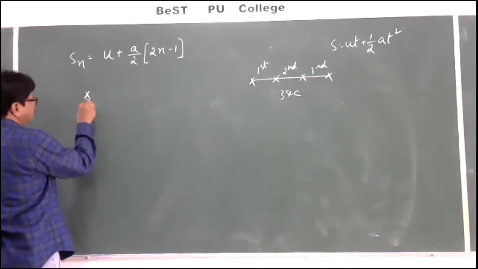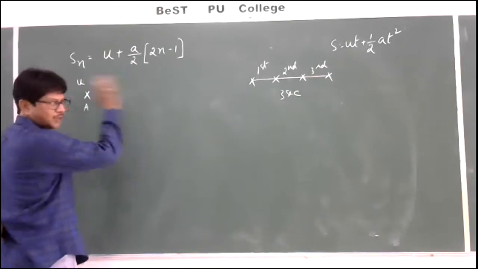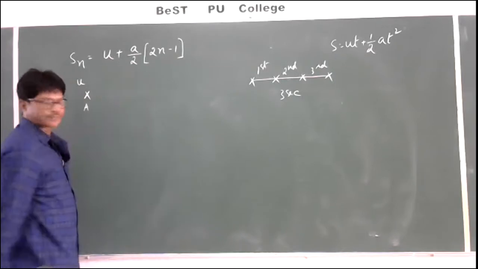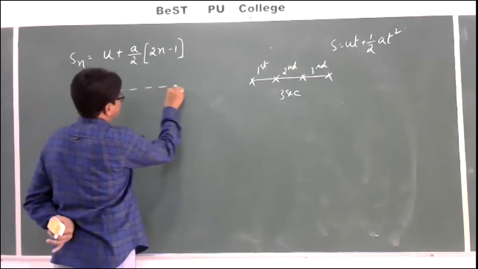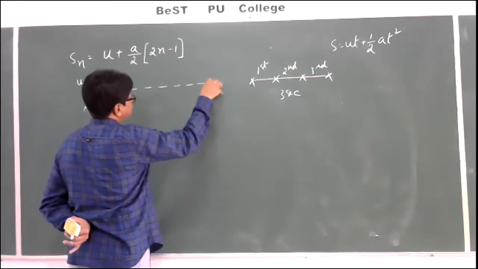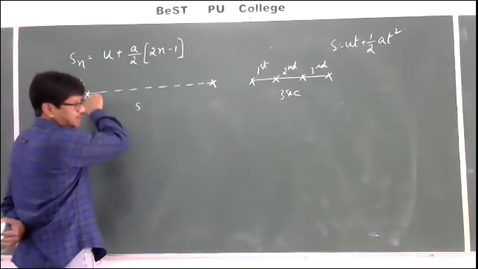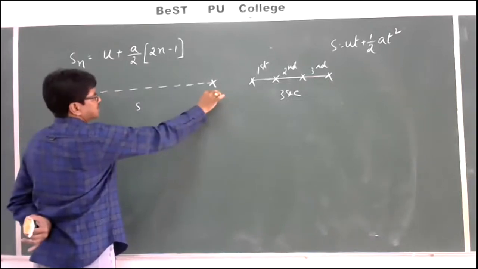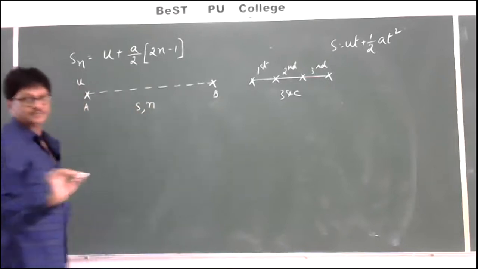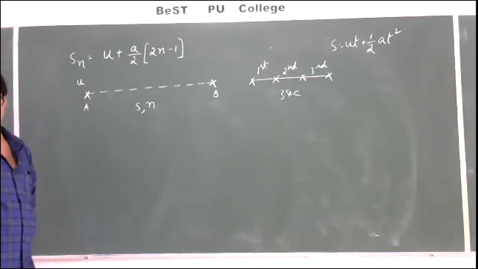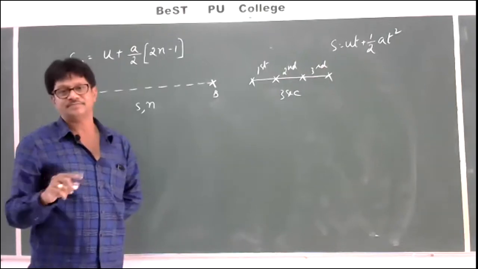Then based on that concept, a body is moving with some initial velocity u and, as usual, uniform acceleration a. It travels a total distance s in a time of n seconds.